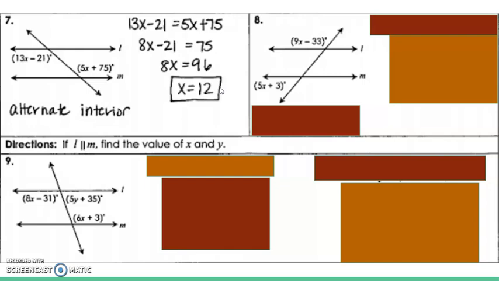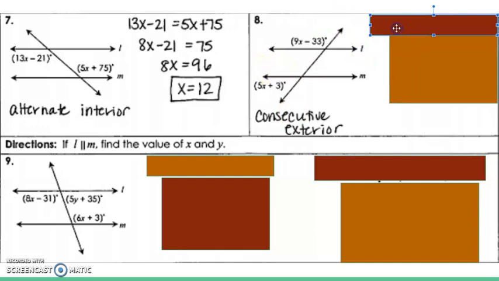When I look at number 8, I have two angles on the same side of my transversal, and they are our consecutive exterior angles, or the same side exterior. Those angles are supplementary, so we are going to add them together and set it equal to 180.